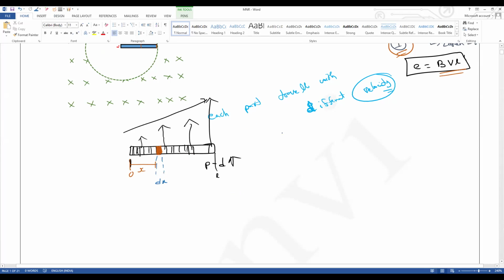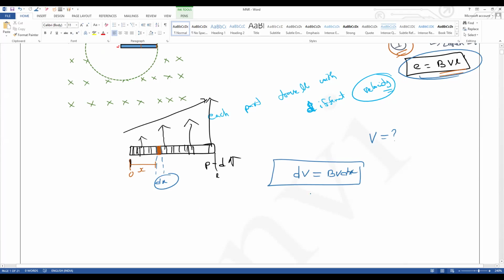Then the total induced EMF is V, and the smallest induced part is dV. So dV is equal to what? We all know the total EMF is BVL. Now for the small part, B into V into dx. Is it dx? All of you understand?